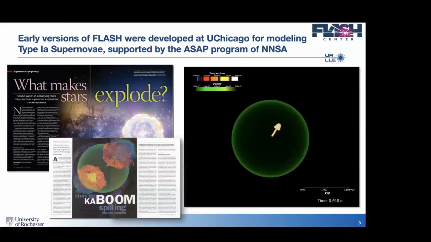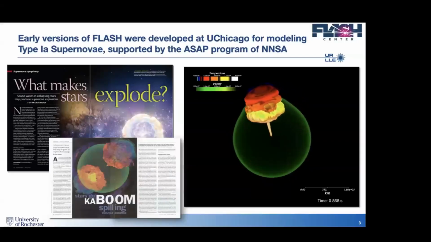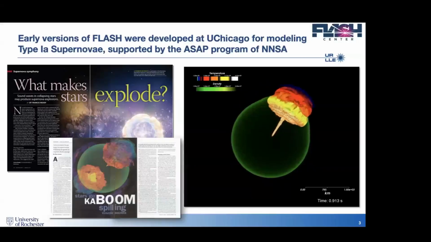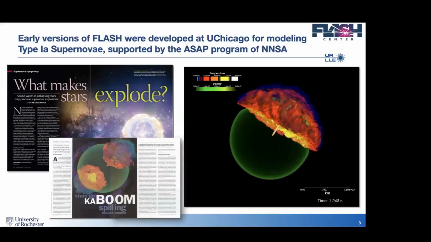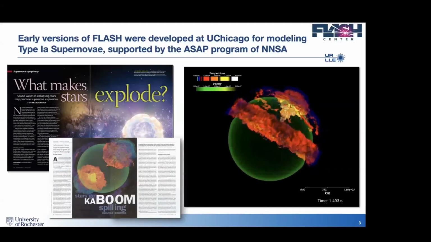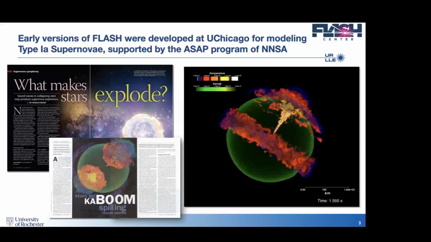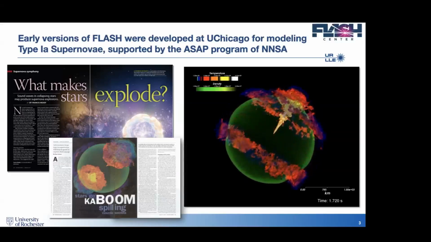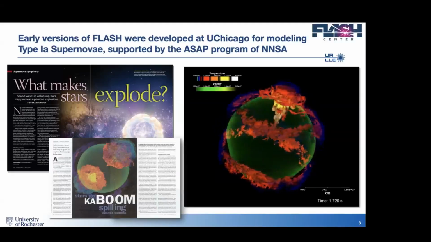So the first decade of Flash development was geared towards understanding this problem and applying multi-physics solvers onto such a complex configuration like the one shown here. The outcome of that research was great. We had a number of huge splashes in the public literature, but we also had the opportunity to develop a simulation code that we made publicly available to scientists around the world.